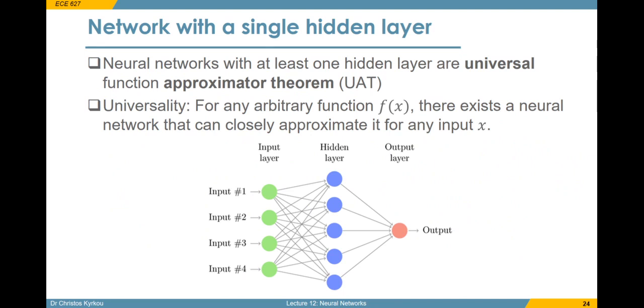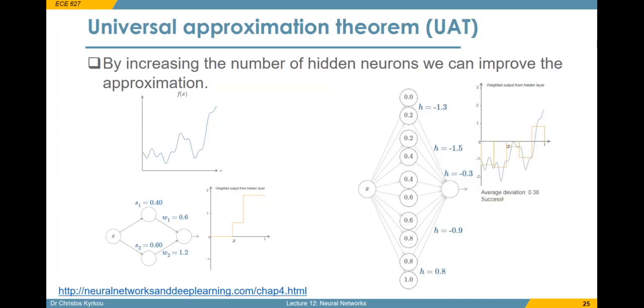In simpler words, what this means is that a single layer, having the inputs coming from the left and the outputs to the right, can approximate any function that you can think of. So it seems like this is a really powerful theorem.